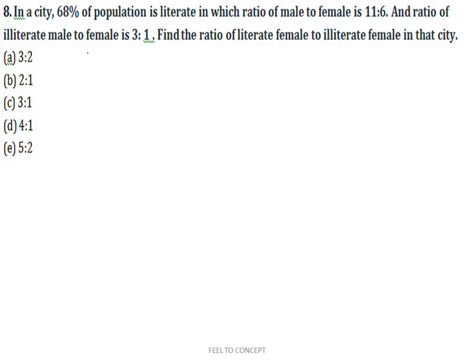In a city, 68% of the population is literate. It means the total population should be 100%. Literate is 68%. Illiterate should be considered as 32%.